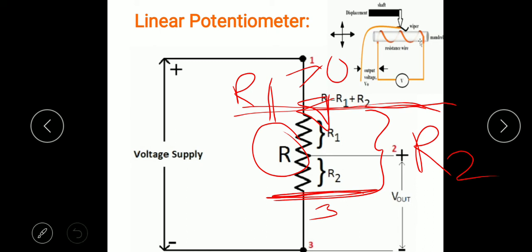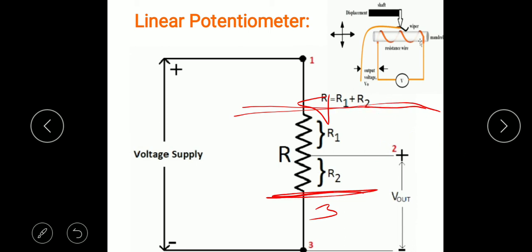So the main aim of this potentiometer is that the resistance of the circuit will change due to the movement of the wiper. When the wiper moves over, the resistance of that circuit will change, and due to the change in resistance the voltage will change, just because of Ohm's law.